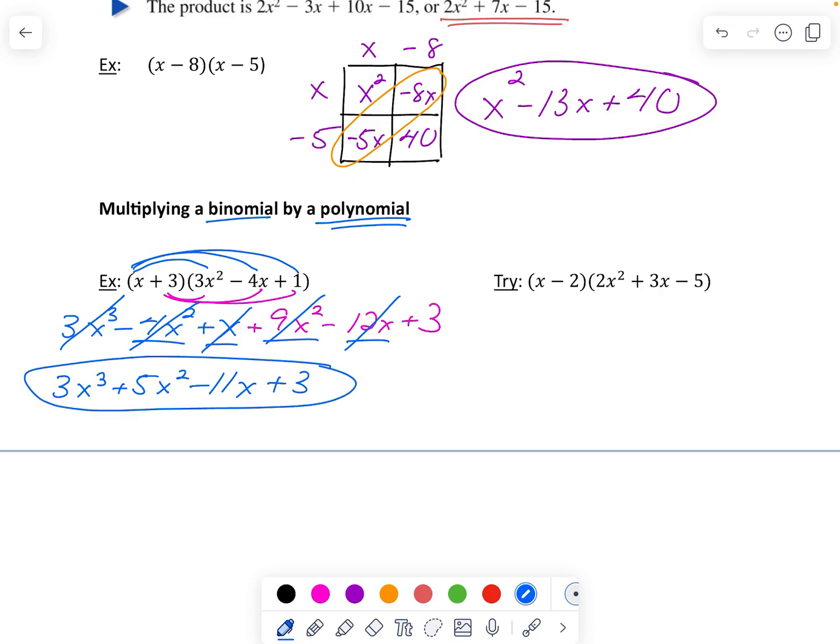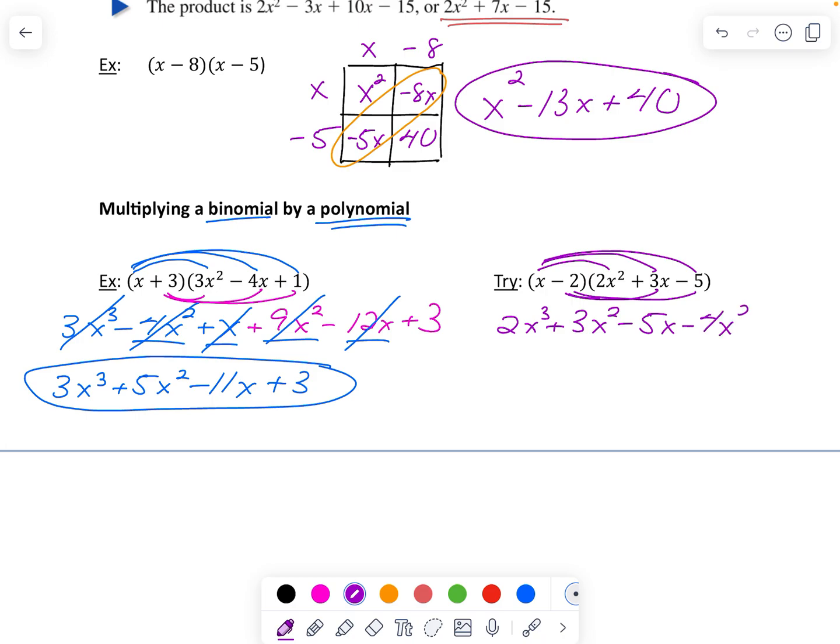You try this next one and pause it, and then push play to see it done out. So we're going to attack this the same way. We're going to distribute that x first and get 2x cubed plus 3x squared minus 5x. And then we're going to do the negative 2. So this is going to be, watch that negative, right?